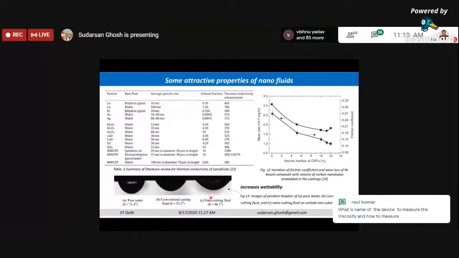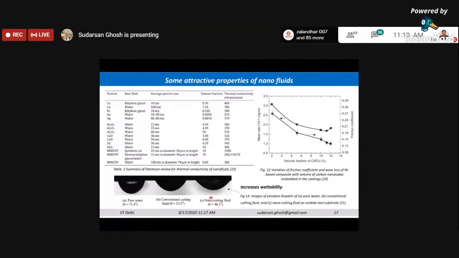Now, what is the advantage of these contact angles, and whether higher contact angles or lower contact angles is important? You see, when we are trying to remove heat from a surface by another medium like a fluid medium, what we want is that once the fluid is sprayed onto that hot surface, it should uniformly spread, or in other words, wet the entire hot surface uniformly.